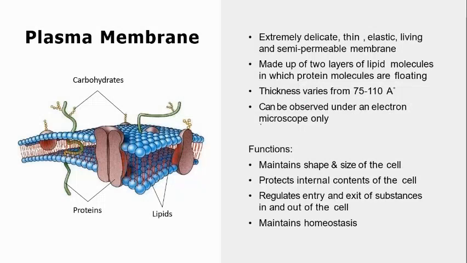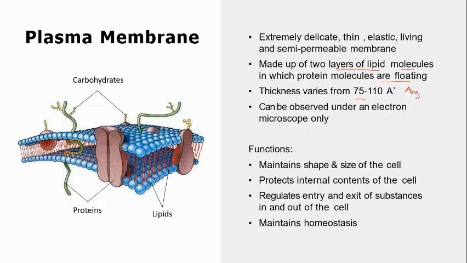The plasma membrane is an extremely delicate, thin, elastic, living, and semi-permeable membrane. It is made up of two layers of lipid molecules in which protein molecules are floating. In terms of thickness, this varies from 75 to 110 angstrom.